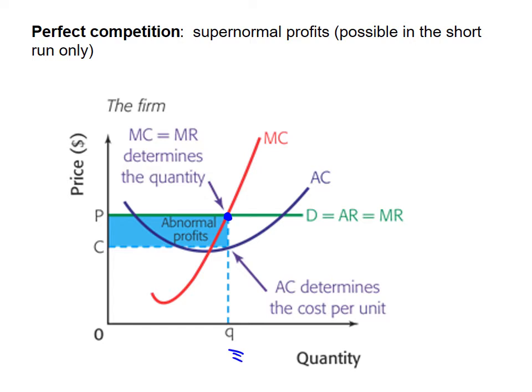Forget about MC and MR, they've served their purpose. Bring it across from average revenue, and all of this is the revenue. At that quantity, see where it intersects with average cost. All of this is your cost. And the difference between your greater revenue and your smaller cost is the abnormal or supernormal profit.